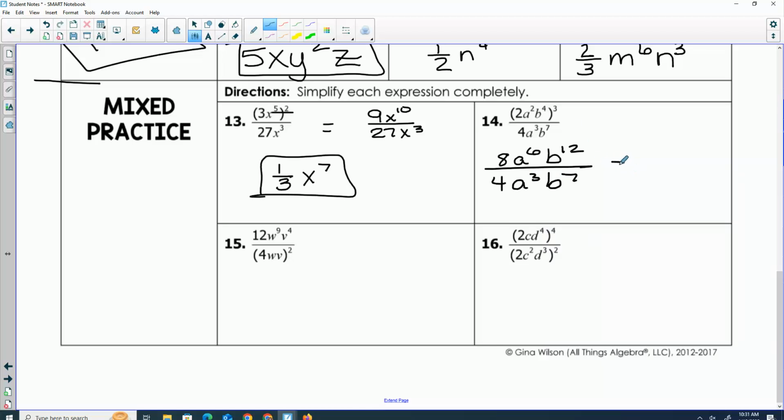Then it's like a problem you just did on your homework. 8 divided by 4 is 2. A to the 6th divided by a to the 3rd, you subtract exponents. 6 minus 3 is 3. B, 12 minus 7 is 5. So first we simplify, then we divide.